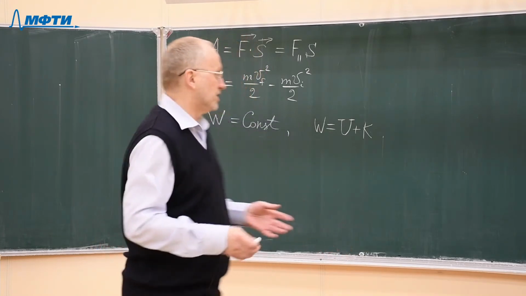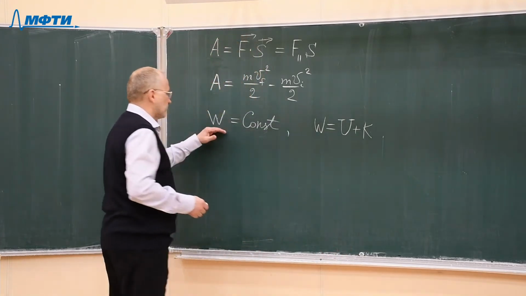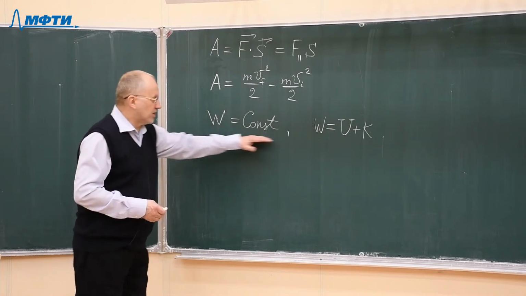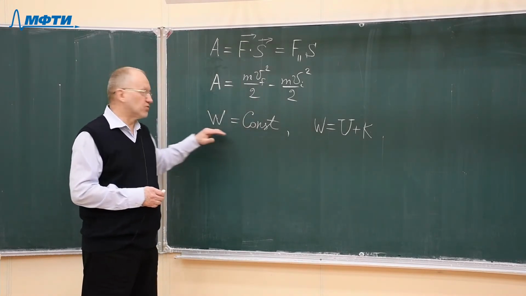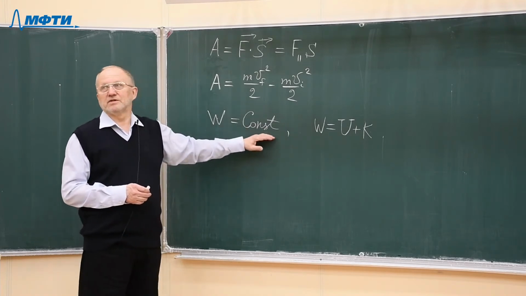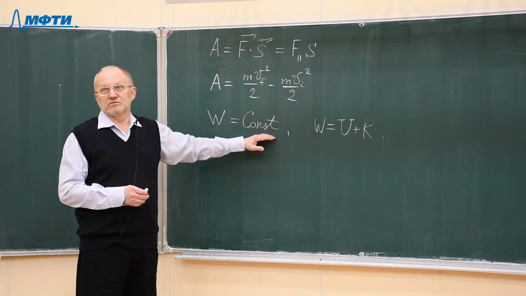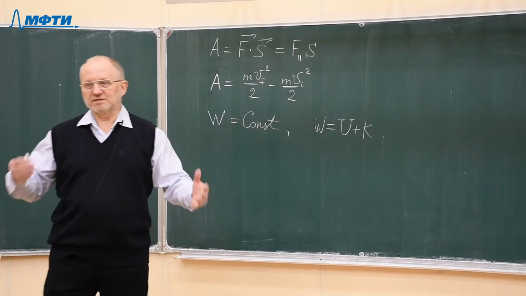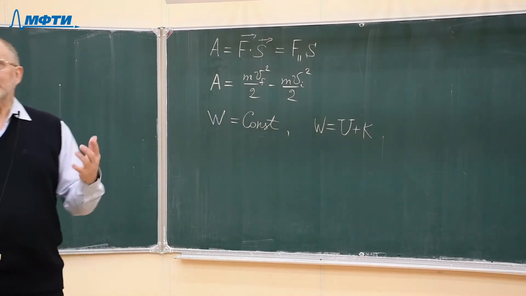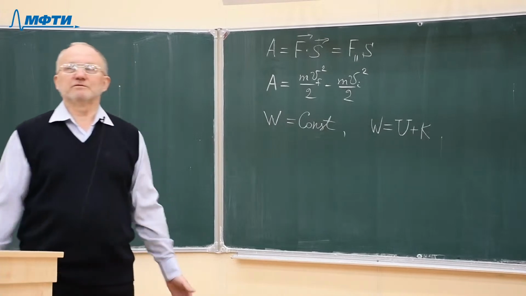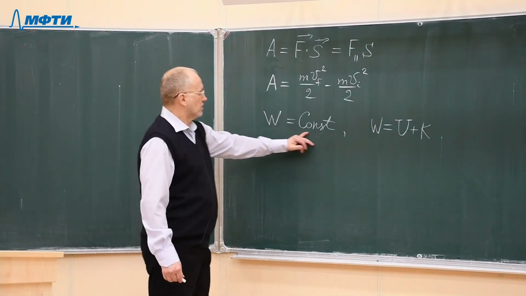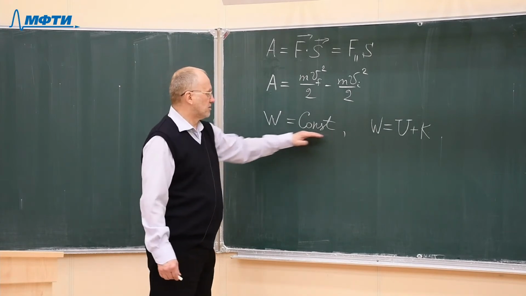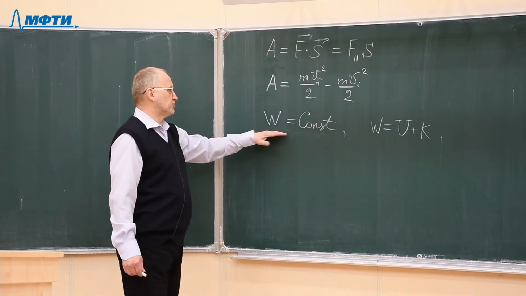That's why the law of conservation of mechanical energy works only if you have no dissipative forces, no forces of friction, no forces of air drag or resistance of the medium, like resistance of a liquid in which the body is moving. So this is a very useful law, but it works in a limited number of situations.